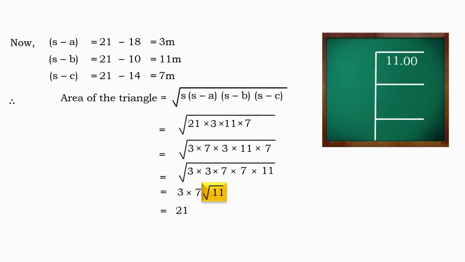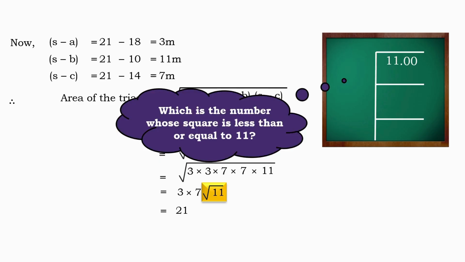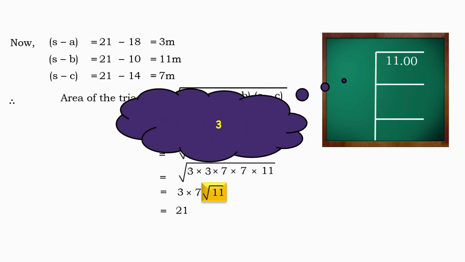Since 11 is not a perfect square, that's why 11.00. Sorry, one pair of zeros, means two zeros. So which is the number whose square is less than or equal to 11? 1 square is 1, 2 square is 4, 3 square is 9 and 4 square is 16.